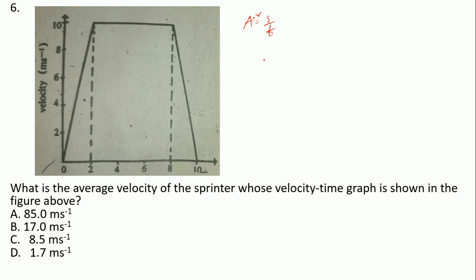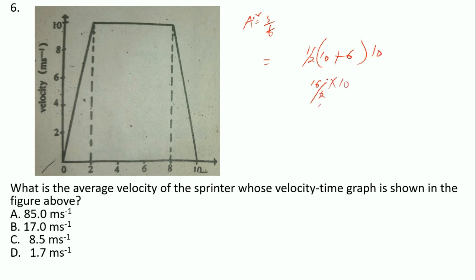So displacement is going to be the area of the graph, which is going to be 1/2 times, since this is a trapezium, the sum of the two parallel sides. The longer one is 10, so we have 10 plus 6, times the height, which is 10.